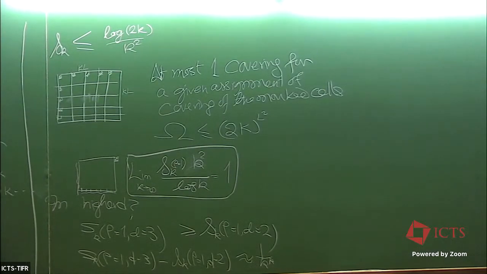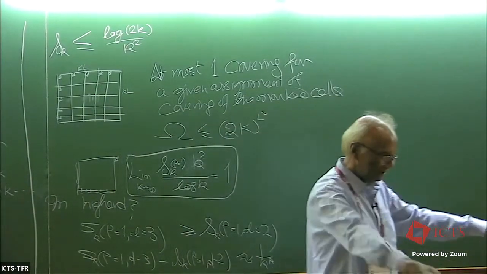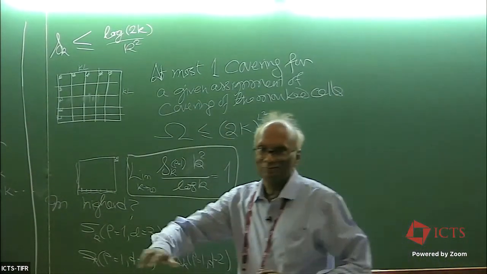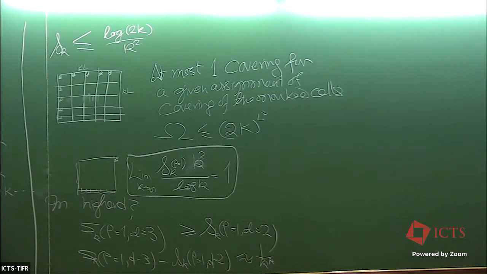What is the proof? Well, I can take the unperturbed state as a covering by horizontal two-dimensional rods, and I want to cover 3D. So then I need to put in some vertical rods in place. How many ways can I put in vertical rods? So maybe I put in 1 vertical rod. That won't work. You have to put in at least k vertical rods in order for the system to be fully covered, because in each layer you have to have full covering. There should be k holes at the very least.